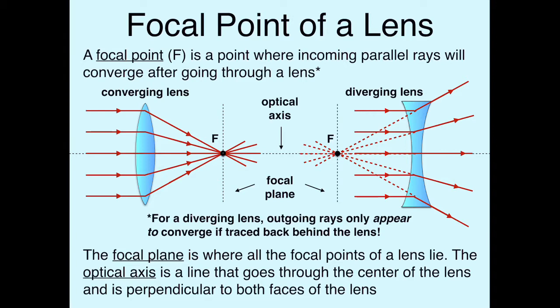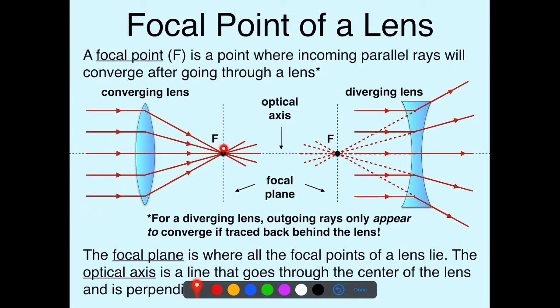Okay, the other thing is something called the focal plane. Of course, if we think about these parallel rays coming into the lens, they'll focus right here at this point. But what if these rays came in at a different angle? Right now they're parallel to the optical axis, but what if instead these parallel rays came in at an angle relative to the optical axis?